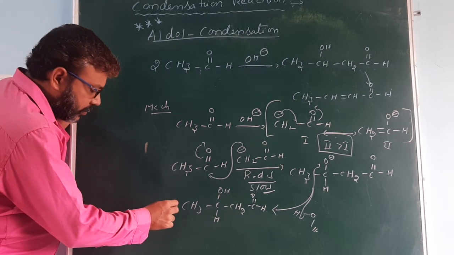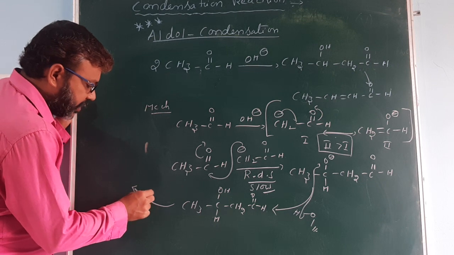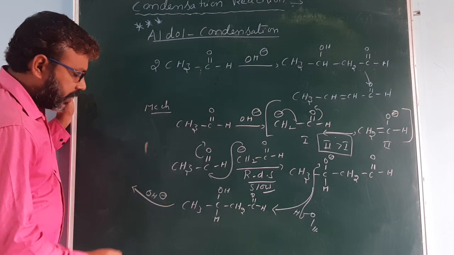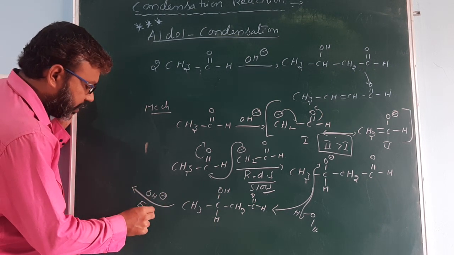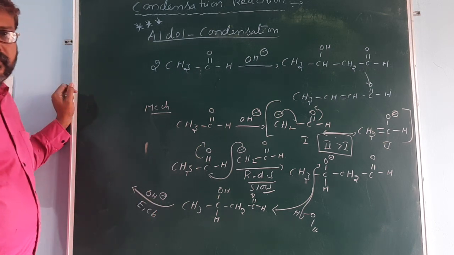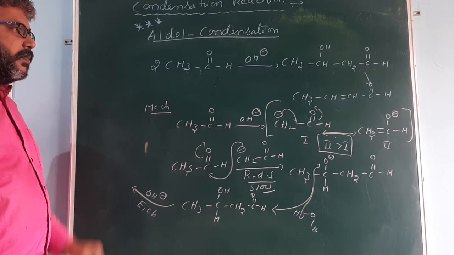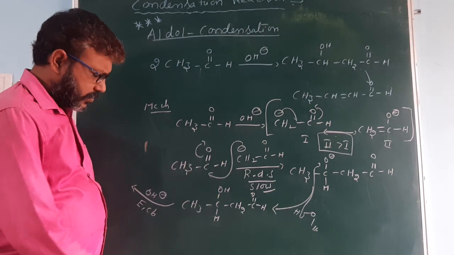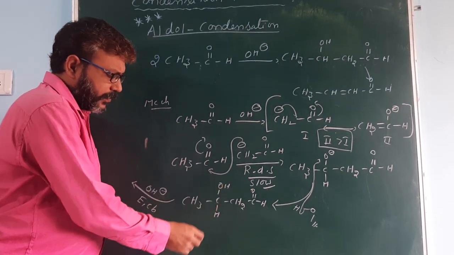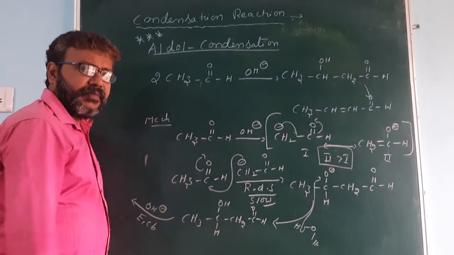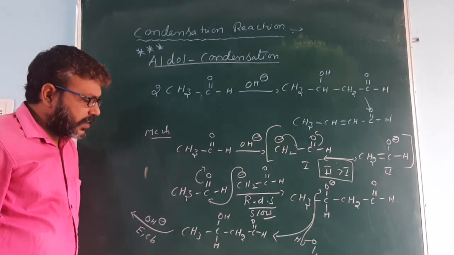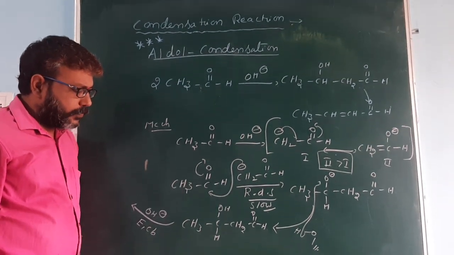When this reaction takes place in basic medium, the reaction mechanism is E1cB. E1cB mechanism means that here OH minus is a poor leaving group.